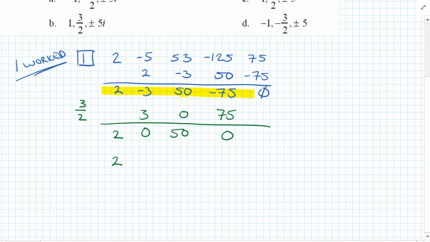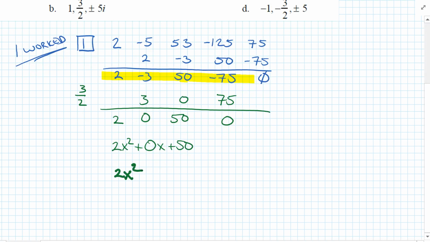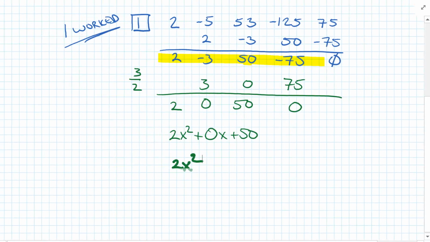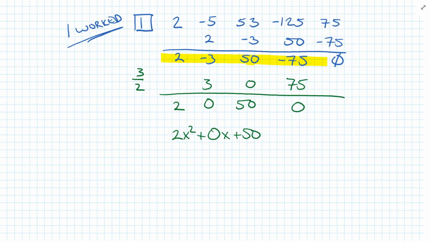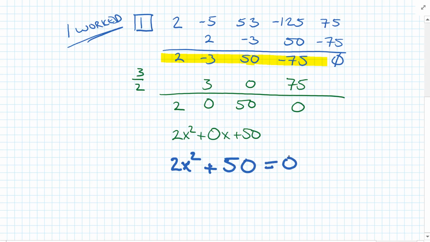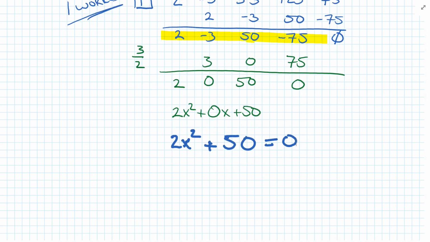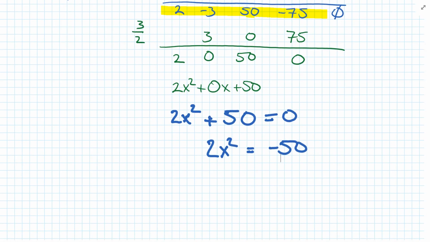So now I've got 2x squared plus 0x, if you need to see that, plus 50. So I could rewrite this as 2x squared plus 50 equals 0. Okay, subtract or divide everything by 2. Actually, let's do this. Make it 2x squared equals negative 50. Solve for x, divide each side by 2.